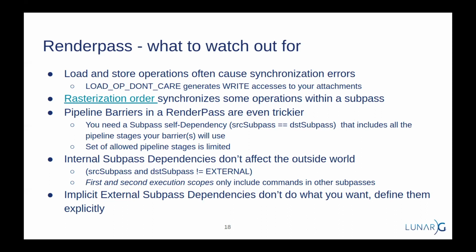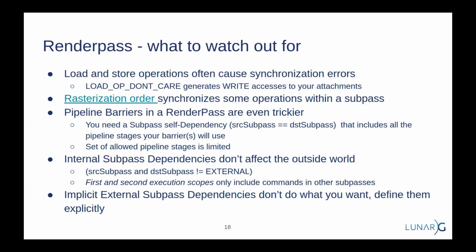Pipeline barriers, you have to have a self-dependency where the source and destination subpasses are the same, and then the allowed set of pipeline stages you can use are limited to the graphics stages and the special ones. Usually you're better off sticking with subpass dependencies if you at all possibly can. And then the internal subpass dependencies don't affect the outside world. Again, John mentioned this earlier.